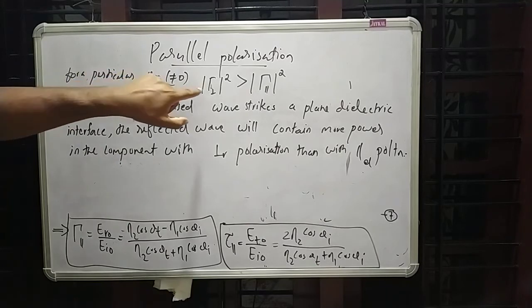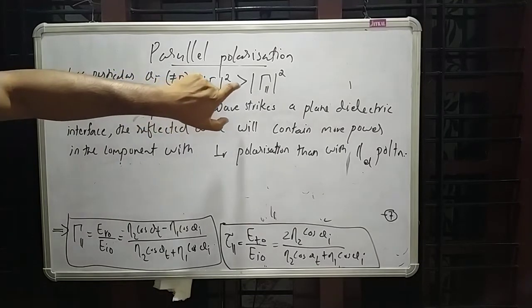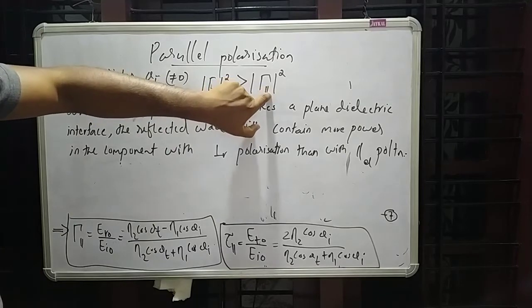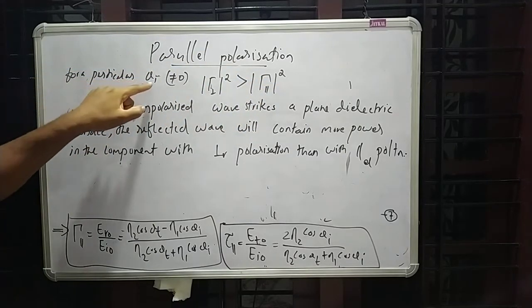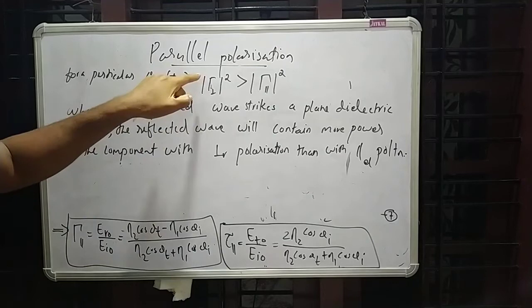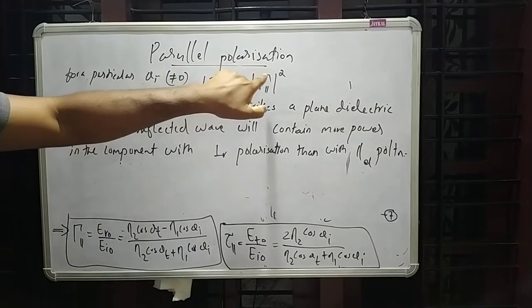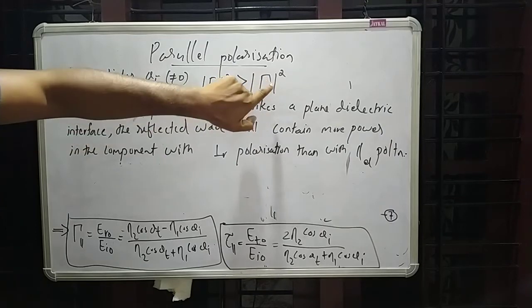And if we plot the mod of gamma perpendicular squared and mod of gamma parallel squared versus the angle theta I, the square of mod gamma perpendicular is always greater than the square of mod gamma parallel.